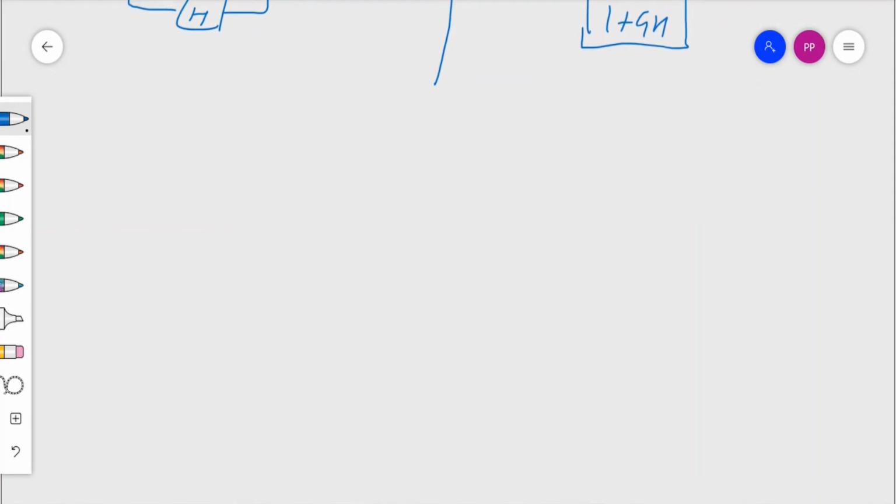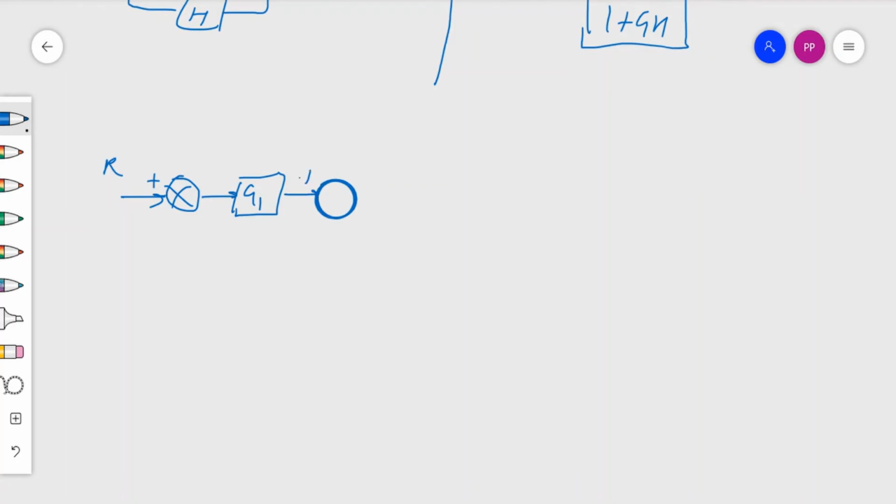So I am drawing a block which is relatively big in size. I have R, the summing point, then G1, then I have another summing point where some signal is coming and compared over here.